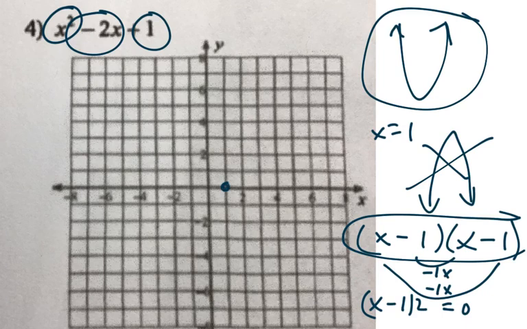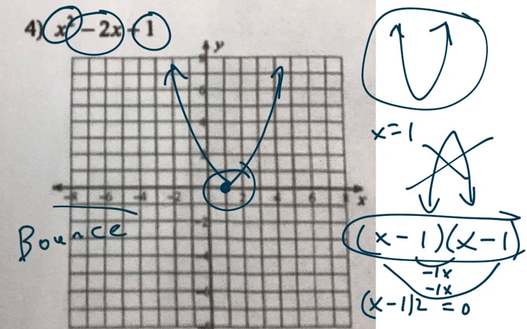So I'm just going to put a dot at positive 1, and it's going to go up on the right and up on the left because it's a positive x squared. And we know it's going to bounce right there. That's another thing that they may refer to it as, your teacher, he or she. We know it's going to bounce because of the even power or because it's a double root.